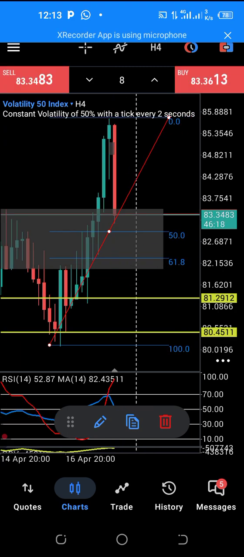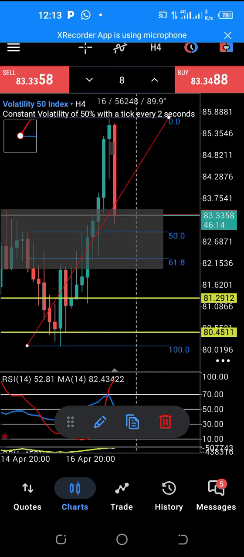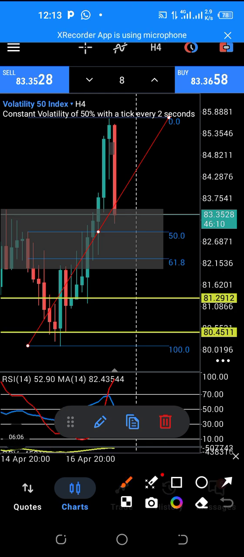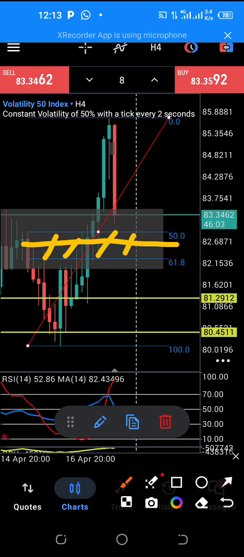You see, the 50% Fibonacci retracement has not been met here. So by the time you get to the 50% of this Fibonacci retracement, that is when we can say we'll look for a buy.